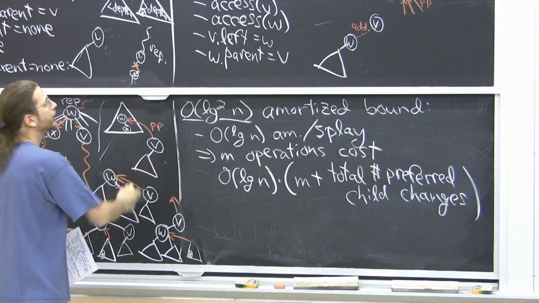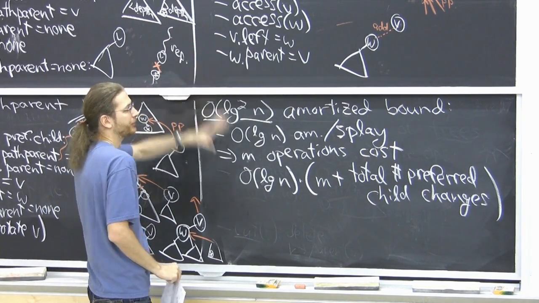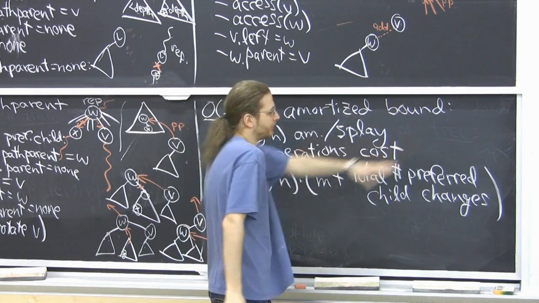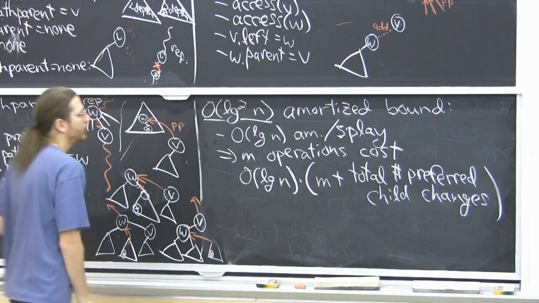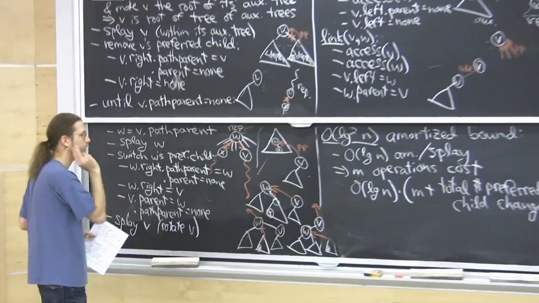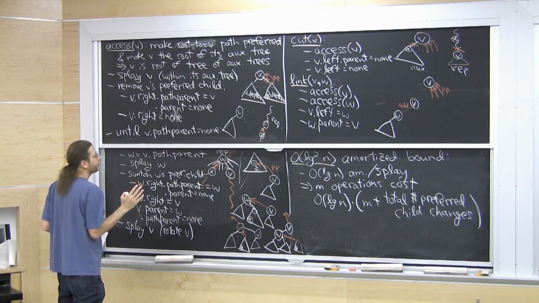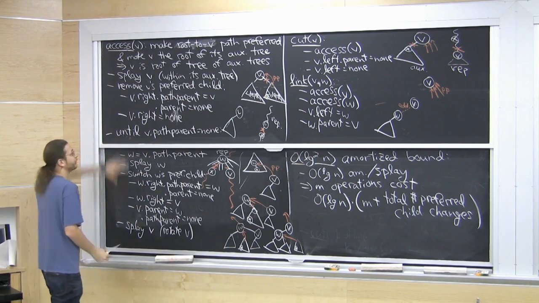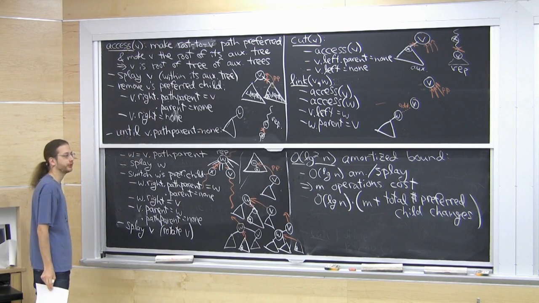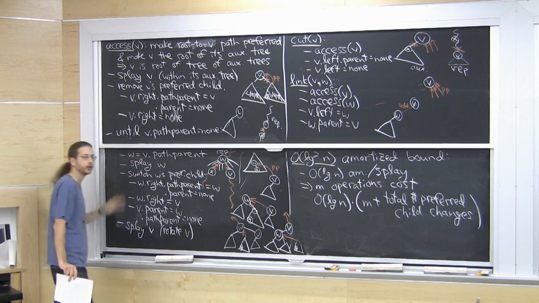This bound should be clear because every operation reduces to accesses plus a constant amount of work, maybe one more splay, but a splay is just another log n. And the total number of preferred child changes comes from this access thing. We're doing one splay per preferred child change. So if that thing is reasonable, you just take it, multiply by log n, we're done.